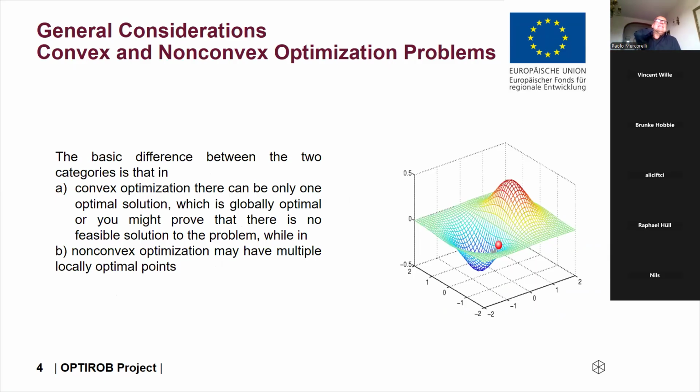We say that in this case, if you consider just one minimum and one maximum, or just one minimum if you want to look for the minimum, as in our case, the optimization problem is convex if you have just one minimum. Here it seems to be one, but please pay attention here on the right part. It could be that you have another minimum far away from the domain.